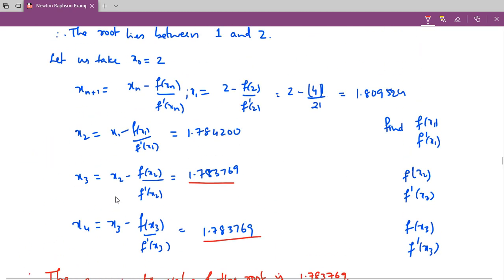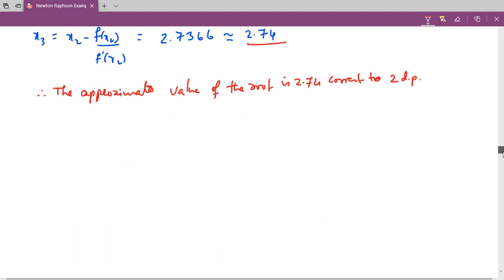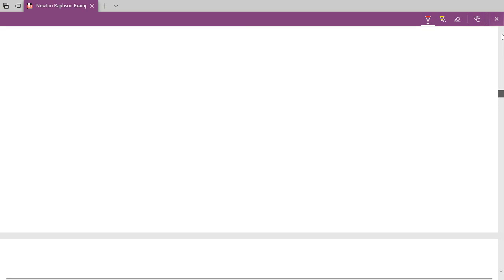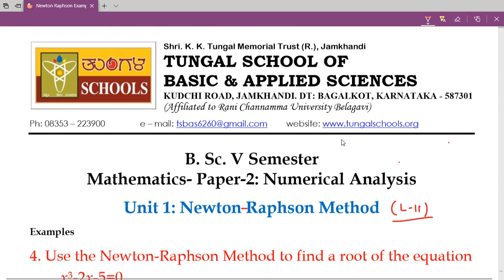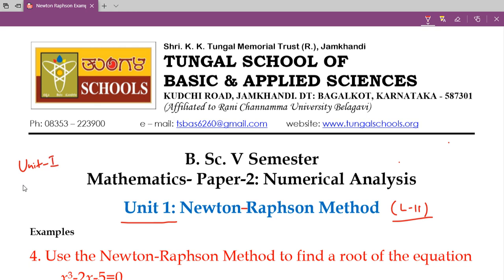I think we have done sufficient problems on the Newton-Raphson method and it is time to conclude it. So with this, unit 1 of paper 2, that is BSc 5th semester, is completed.